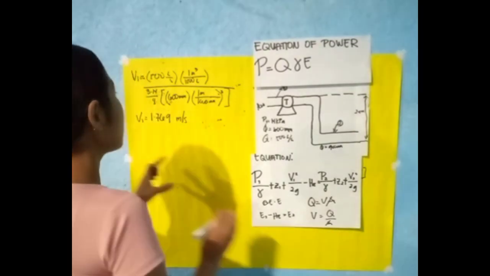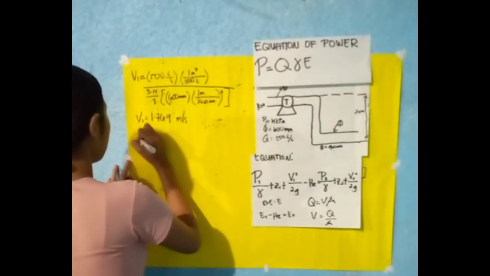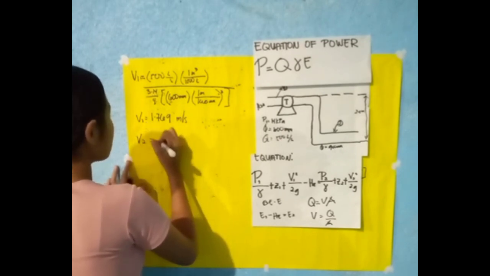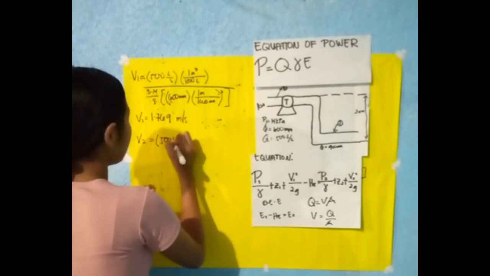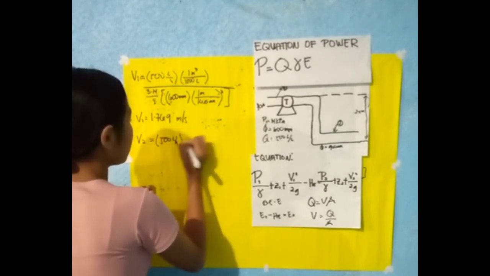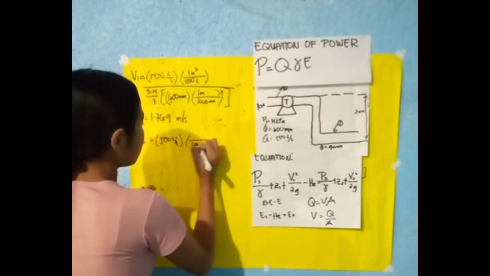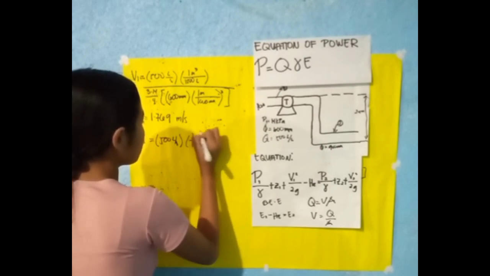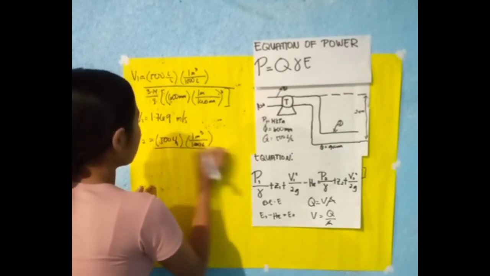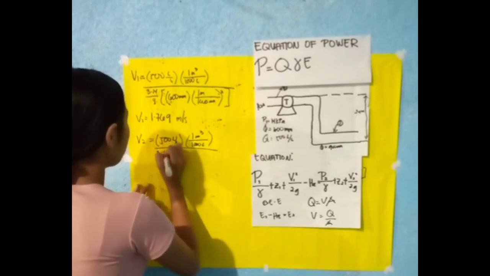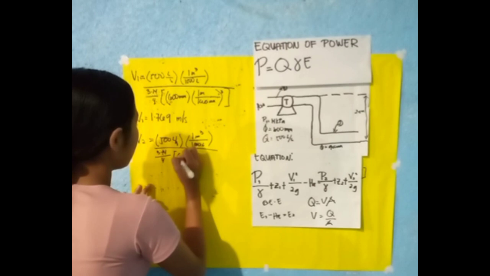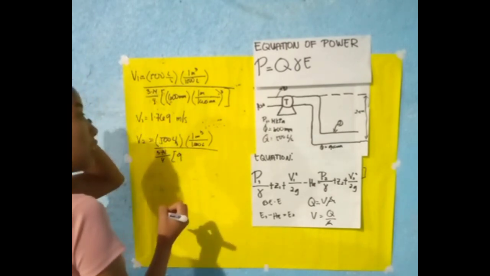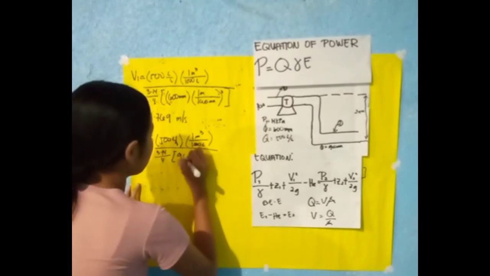So, in our velocity in point 2, V2 is equals to our Q ay 500 liter pa rin seconds. Convert pa rin natin. We have 1,000 liter per 1 cubic meter over pi 3.14 times 4 divided by, ang ating area dito is 900 millimeter.